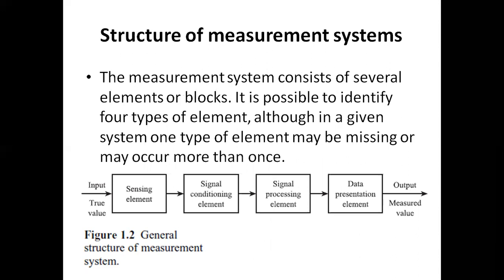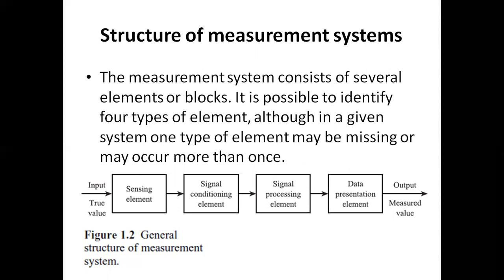Okay, so having introduced those concepts, let's look at the structure of a measuring system. Turns out that a measuring system contains several blocks or several elements, if you wish.